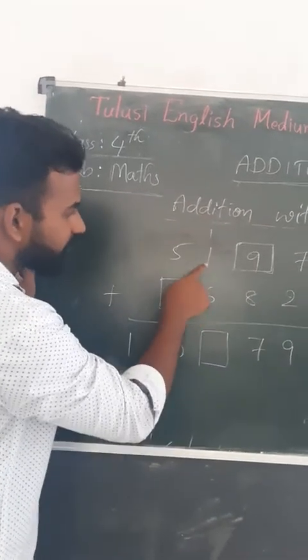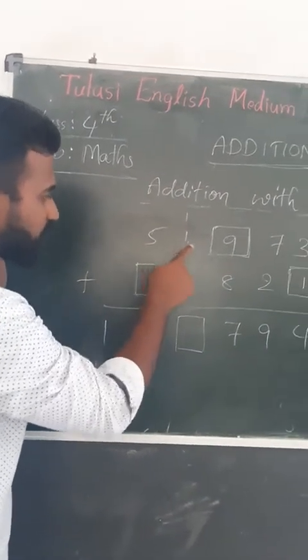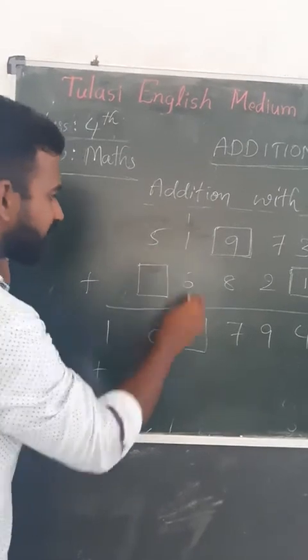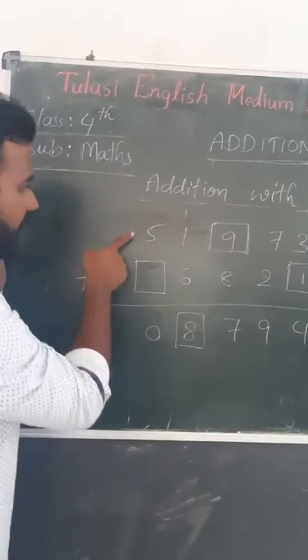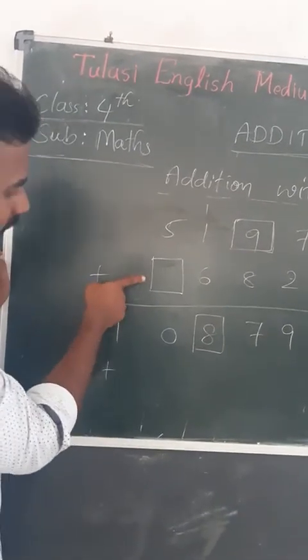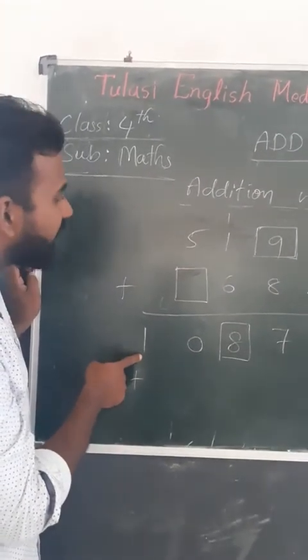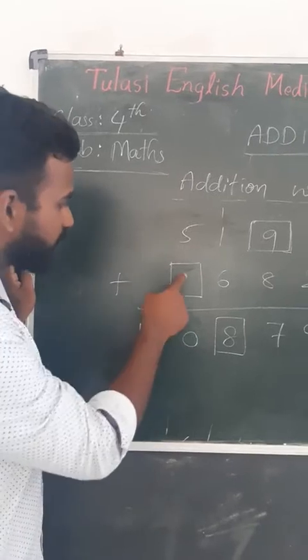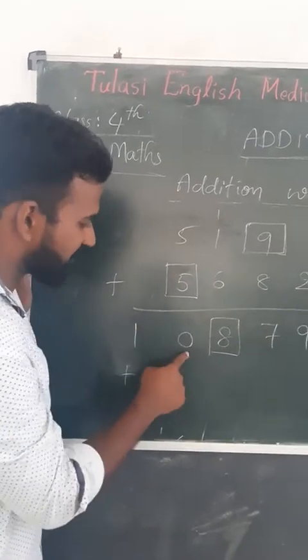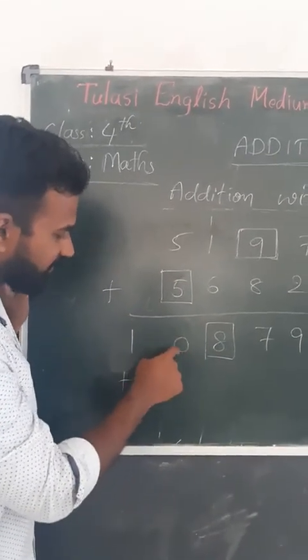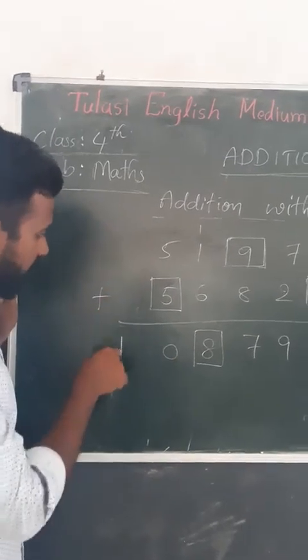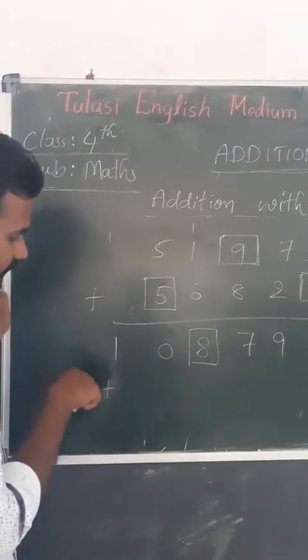Carry 1. 1 plus 1, 2 plus 6, 8. 5 plus dash is equal to 0. I mean there is 1 in the last place. So 5 plus 5 is equal to 10. I don't see it there, there is 0. That carried digit is here.